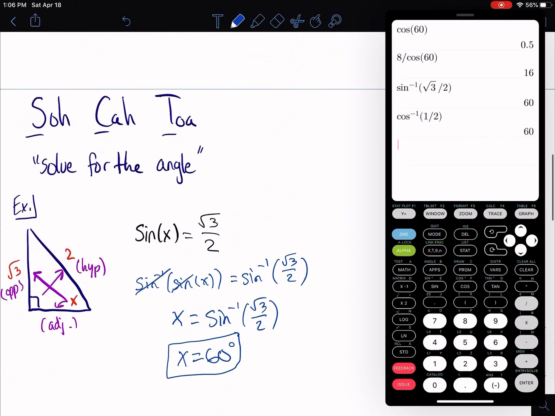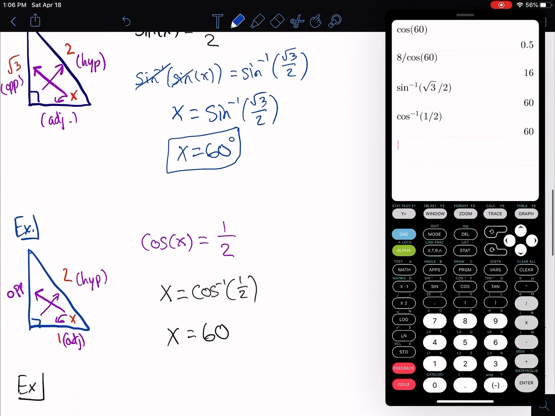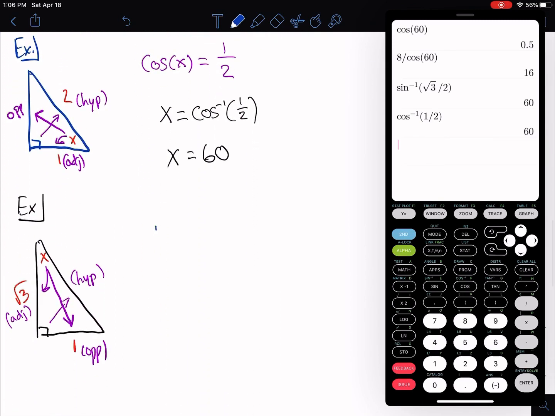And if we go to Soh Cah Toa, we can see that Toa uses it. So tangent. So we're going to have the tangent of angle x is equal to the opposite over the adjacent. So when we plug in the numbers, 1 over radical 3. Again, they're asking us to solve for the angle. And since they're asking us to solve for the angle, what are we going to do?